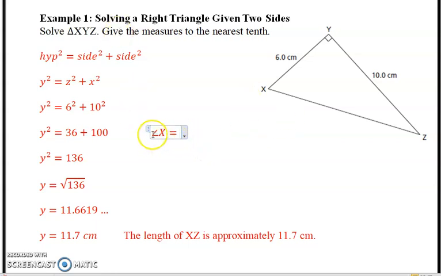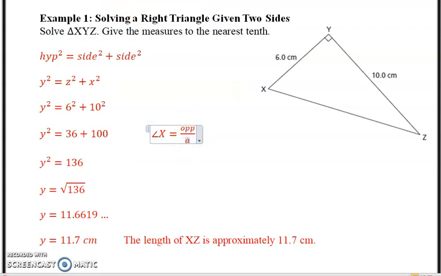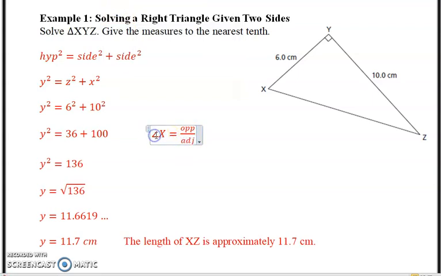So this is what we're looking for. So if we look for angle x, we know the side opposite and we know the side adjacent. So we have opposite over the adjacent side, and we know that ratio is the tan. Okay?